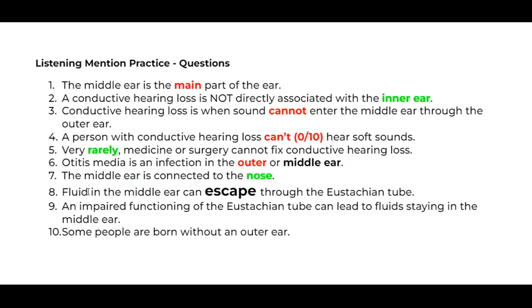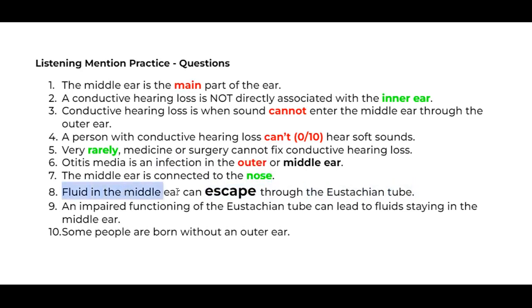And then, fluid in the middle ear can escape. The word used in the original audio is drain out. You may have heard drain out. Drain out is synonymous with escape. So what I did was change the word and confuse you. Fluid in the middle ear can escape through the eustachian tube.